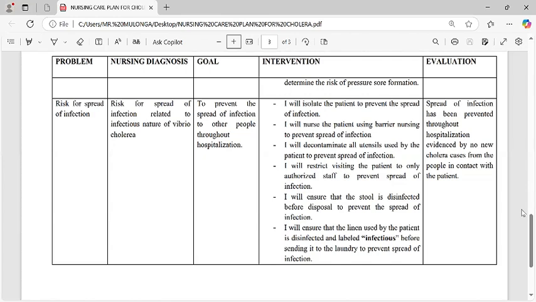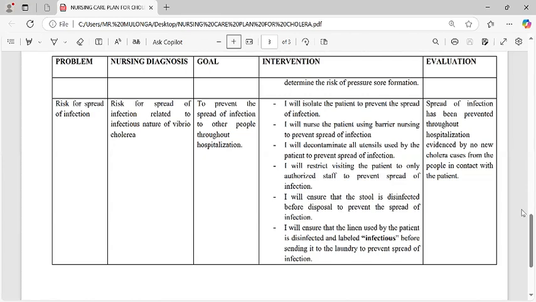The other point is I will restrict visiting the patient to only authorized staff to prevent the spread of infection.